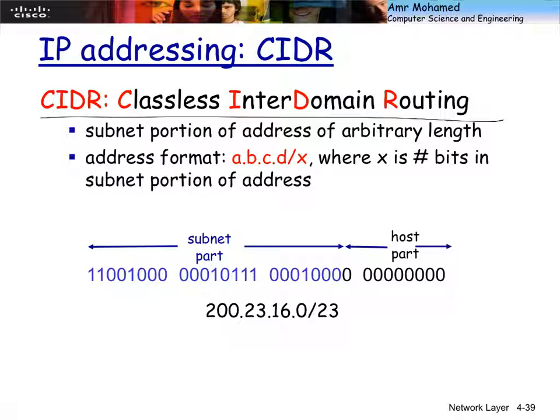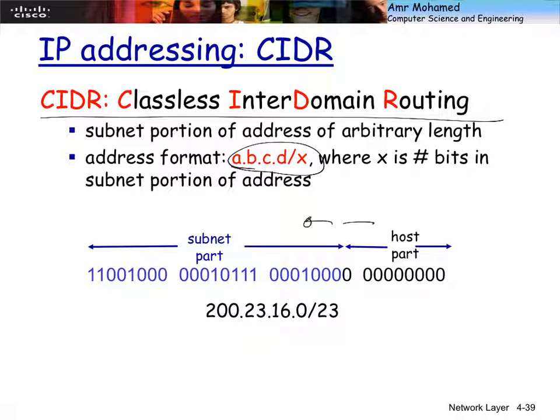This subnet mask is allowed to grow at the bit level, not at the byte level. So we don't have only 8, 16, 24; we can now have 17, 18, 19, and so on. But this requires extra information to separate the network part from the host part, which is what we call the subnet mask, and we store that in the routing table.